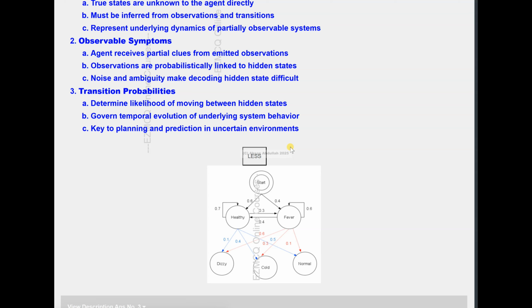Number two, to model transitions between the hidden states. From healthy to fever, 0.3, 30% probability. Fever to healthy, 40% probability. Remaining healthy, 70%. Remaining in fever, 60%. And then to learn the emission probabilities, such as how likely is dizzy given the person has a fever.